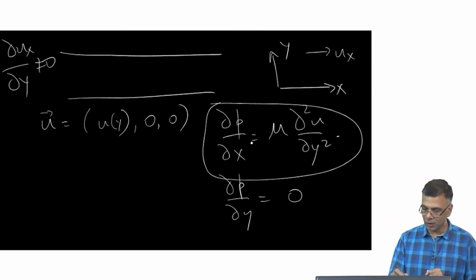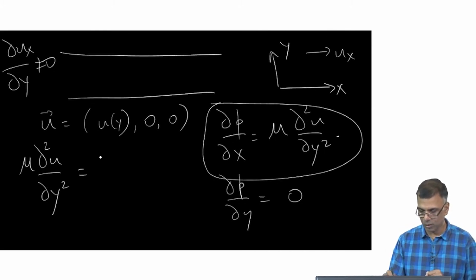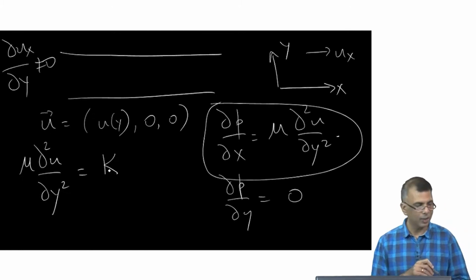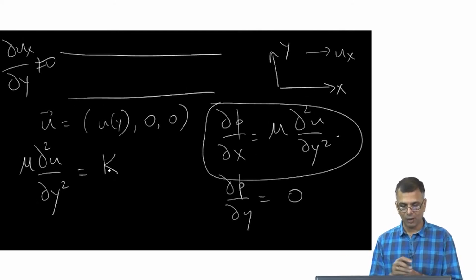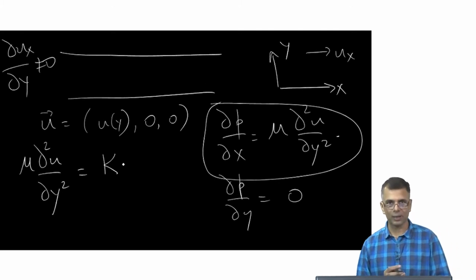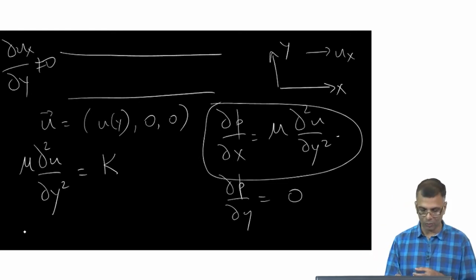So really, what you're saying is that mu times d squared u/dy squared equals some constant k. Okay, this can immediately be integrated. You take du/dy is k times y, and u would be something like ky squared over 2.